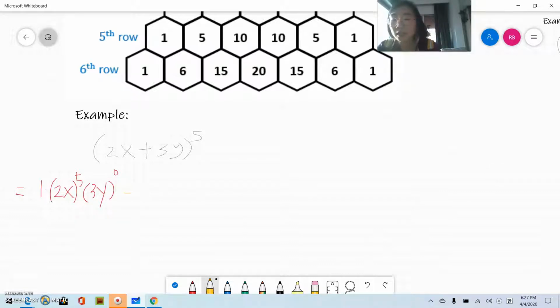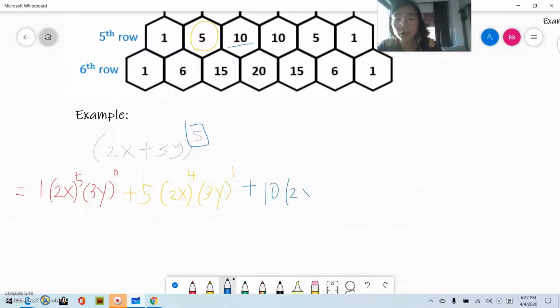Then the second term uses the coefficient of 5, and the first term loses a power, whereas the second term gains a power. So when you add up the powers of your x and y, it should always equal 5. The third term is 10, 10 (2x) cubed (3y) squared.